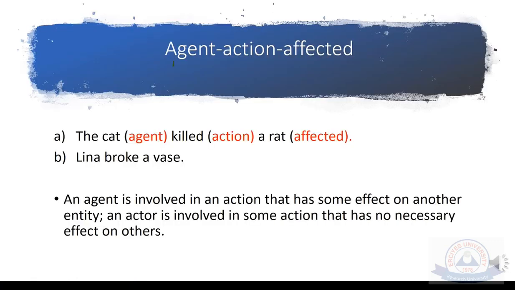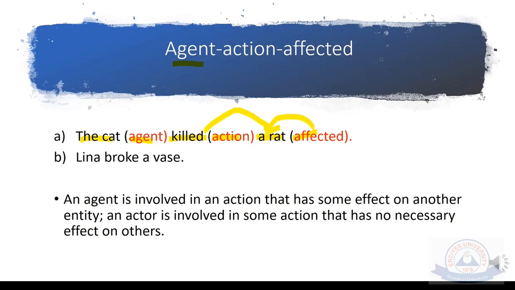Agent, action, and affected. Here let's look at the sentence. The cat killed a rat. This is our sentence. The cat killed a rat. So the cat is the agent, the doer. Kill is the action. And rat is the affected item, the object, the affected item from the verb, actually, from the action.